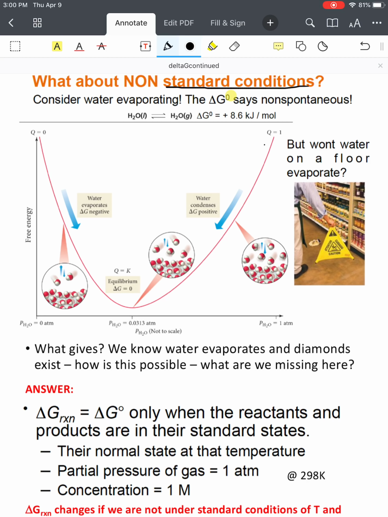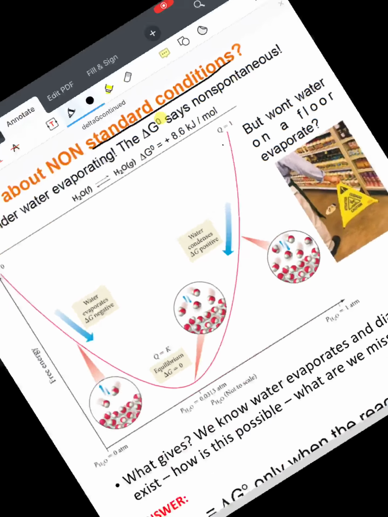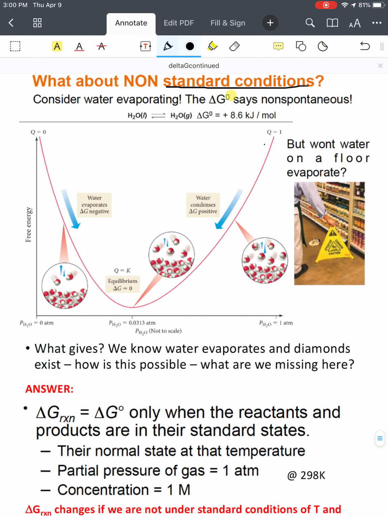But standard conditions mean more than just temperature. Remember, it has to do with partial pressures of gases. It has to do with the concentrations of aqueous ions. And what's of interest to us here is partial pressure of gases. Notice that water vapor in the gas phase is our product of this evaporation, isn't it?